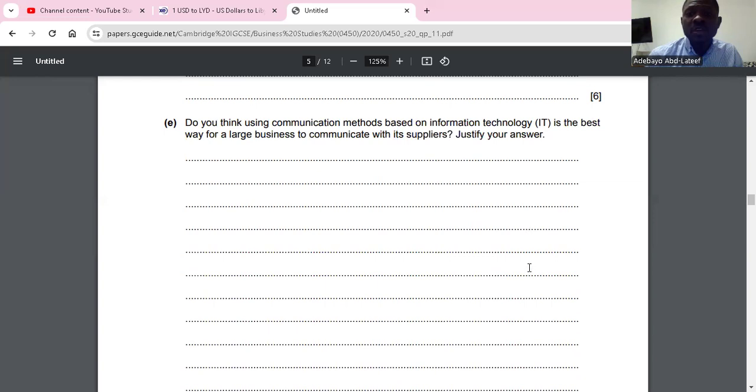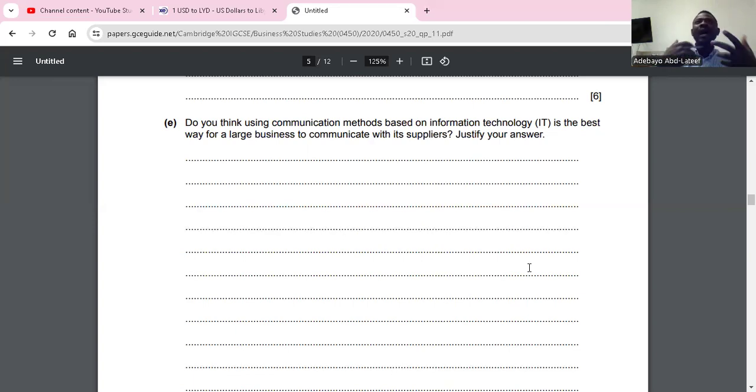Do you think using communication methods based on IT is the best way for a large business to communicate with its suppliers? First, what is communication? Communication is the passing of information from the sender to the receiver. Communication methods based on IT are the best way for a large business to communicate with its suppliers for the following reasons. One, emails.